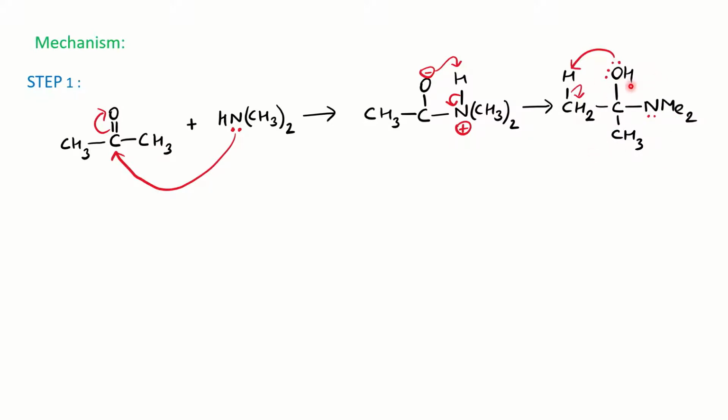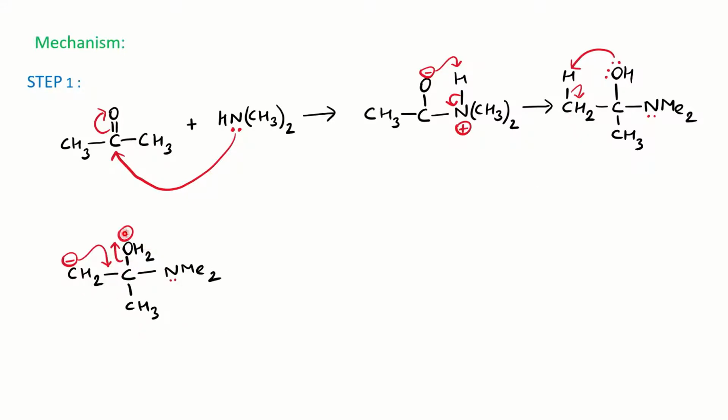Now OH is not a good leaving group, so to make it a good leaving group, it will abstract a proton from the neighboring carbon, the alpha carbon, and will give the electron of this CH bond to the CH2, which will generate a carbanion here.